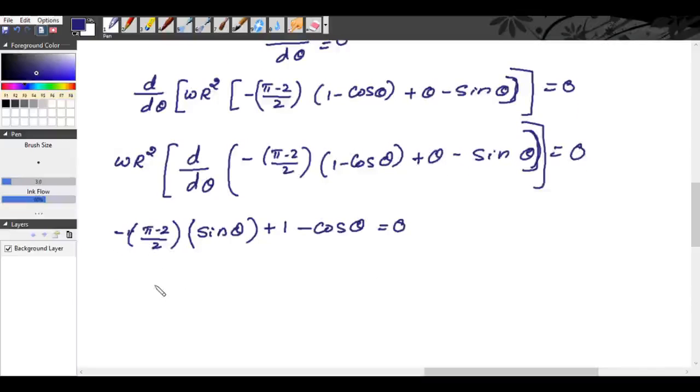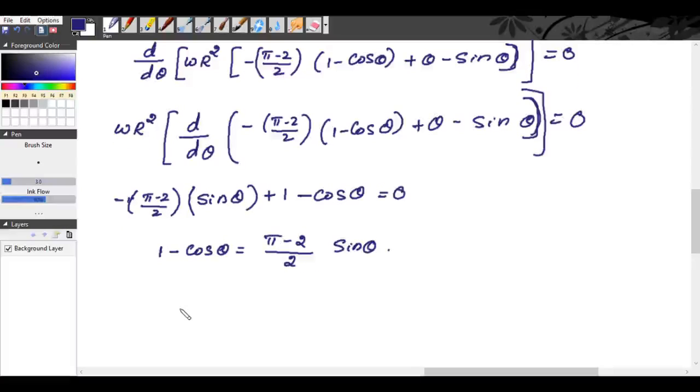So we get 1 minus cos theta, we take this together, 1 minus cos theta is equal to (pi minus 2)/2 into sin theta. So we get (1 minus cos theta) by sin theta is equal to (pi minus 2)/2. So you can use the trial and error method.